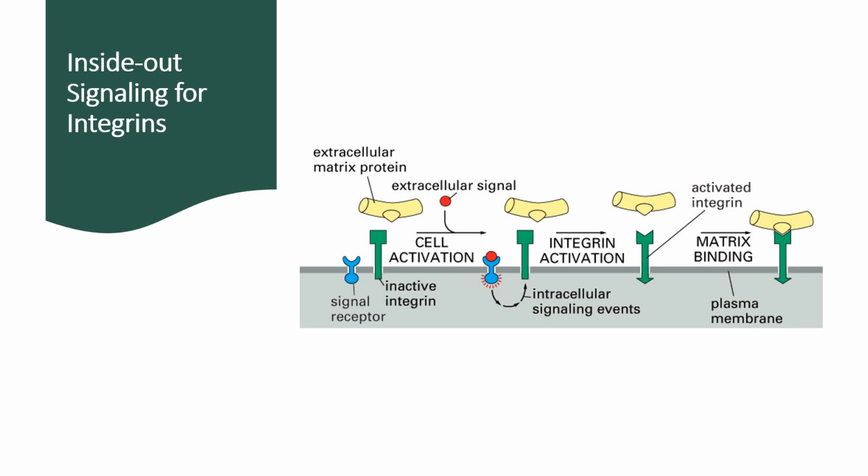So the inside-out signaling of integrins regulates the ligand binding affinity of the cell surface receptors in response to changes in the environment for cell survival, as can be seen in the diagram. The specific binding of the cytoplasmic tail of the integrin beta subunit by the intracellular protein talin is a key step of the inside-out signaling.